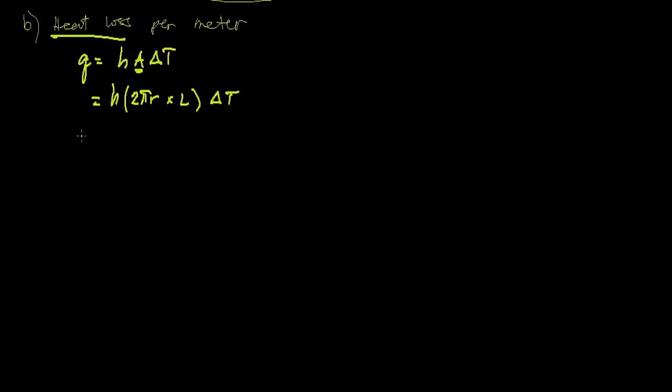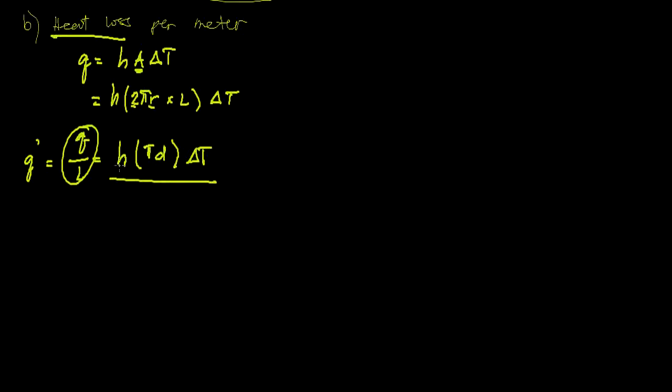Having that, we have Q over L is equal to H, and our 2r is D, so we can rewrite this as pi D delta T. This Q over L we can give the symbol Q prime. So our heat loss per unit meter is just equal to H times pi D delta T.